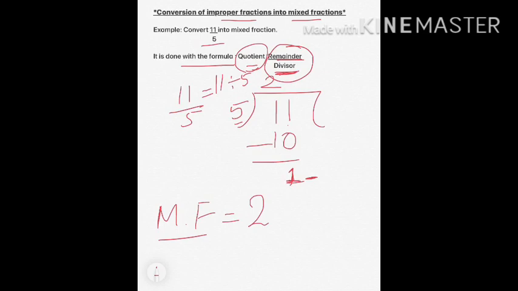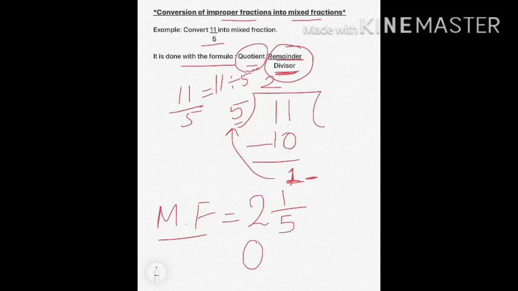That means we have got just 1 part out of 5. So 1 upon 5, like this.